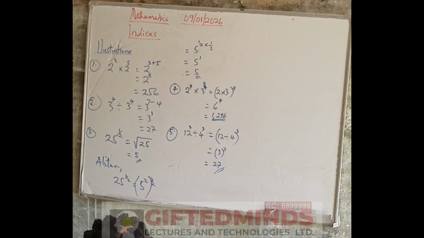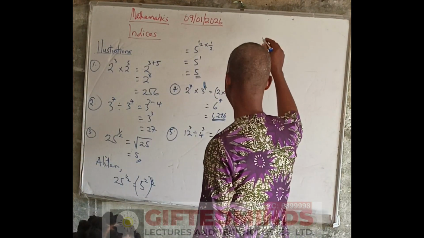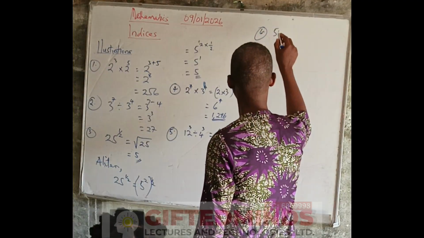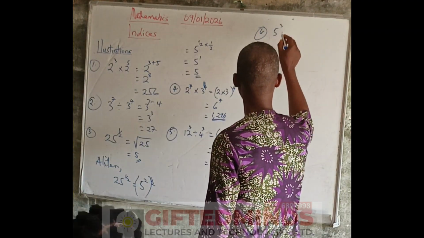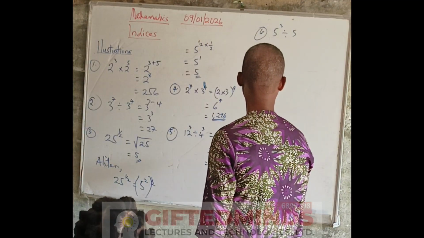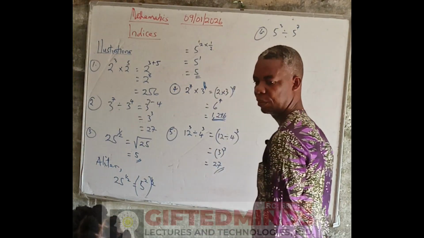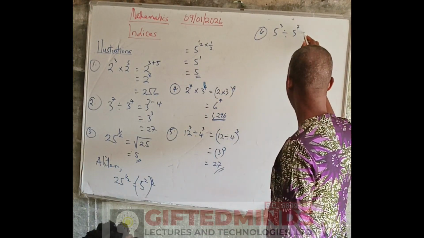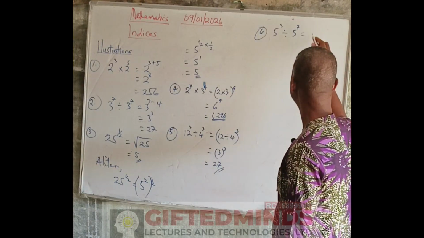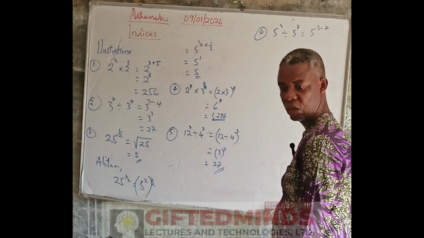Then the next one. If we have 5 raised to the power 3 divided by 5 raised to the power 7, that will give us 5 raised to the power 3 minus 7.